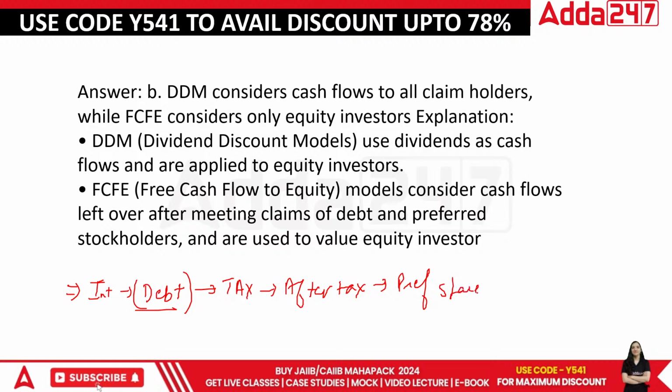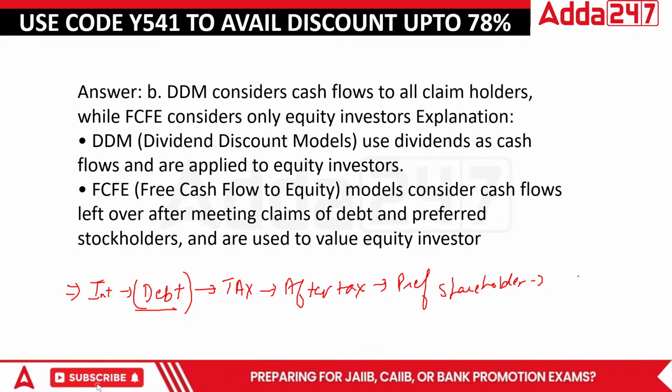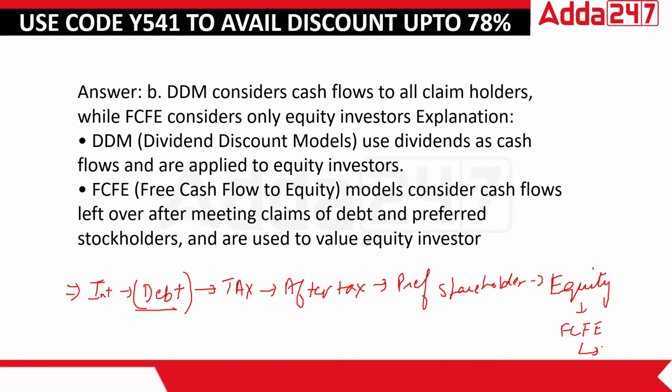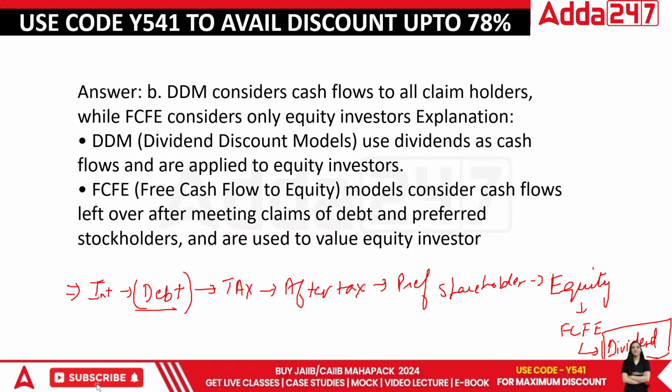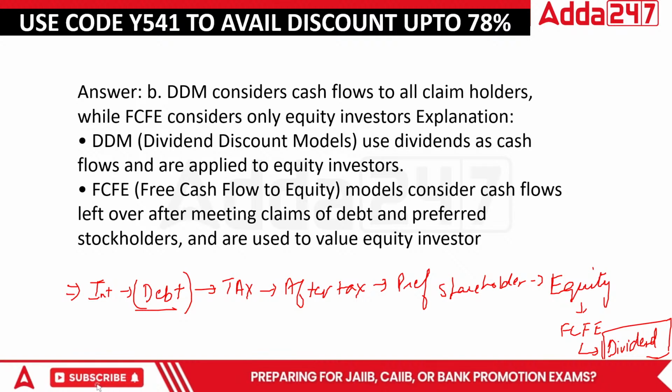They are paid before equity. And the last one is we pay equity after preference. This part is FCFE. After FCFE, the part which we share with the shareholders is dividend. See, this is the entire sequence. As you can see, the sequence is very different, right?